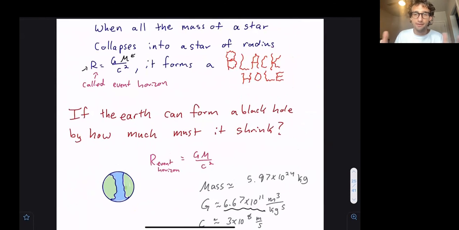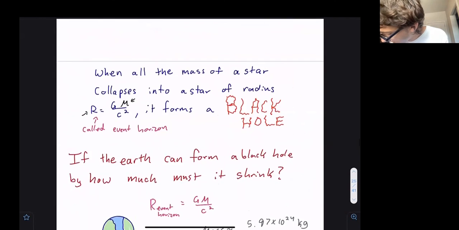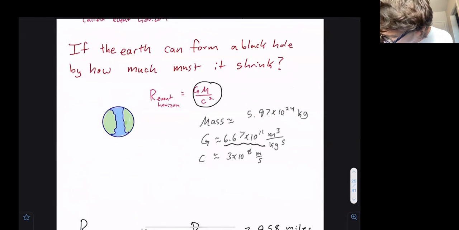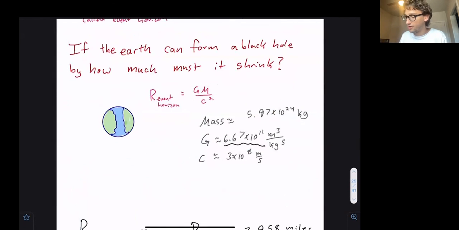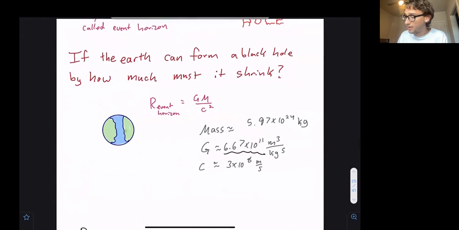So like I said, if an object gets small enough, it'll turn into a black hole. The exact radius is given by this equation: R equals G times the mass of the object over the speed of light squared.